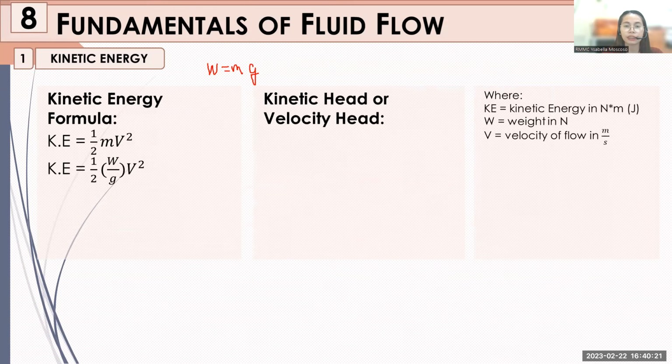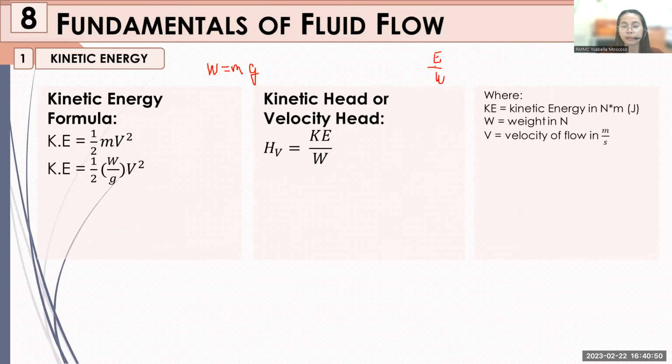So how about for your kinetic head or your velocity head, which is your energy equation for the velocity? That is just the ratio between your kinetic energy and your weight. Because as a definition ng head na tinatawag natin kanina, head is different from the distance of the elevation. Pag sinabi natin velocity head, that should be energy divided by the weight.